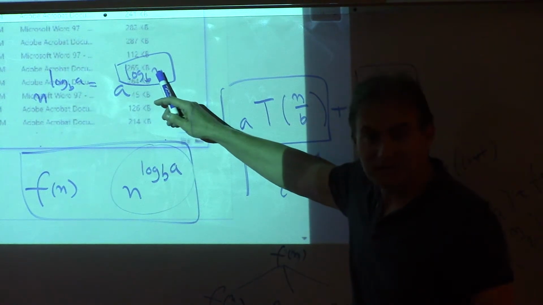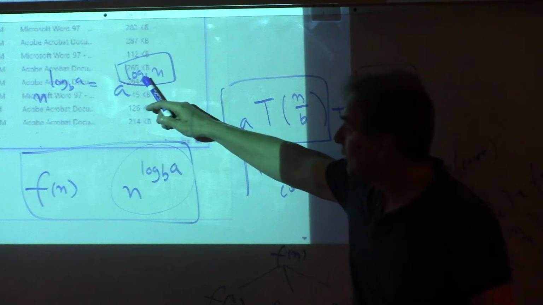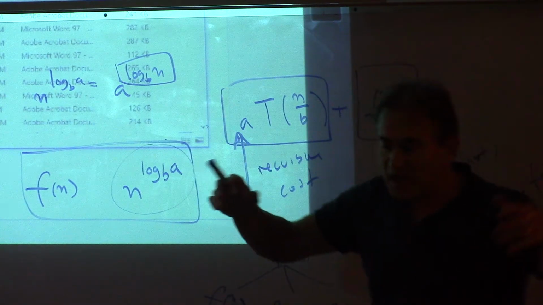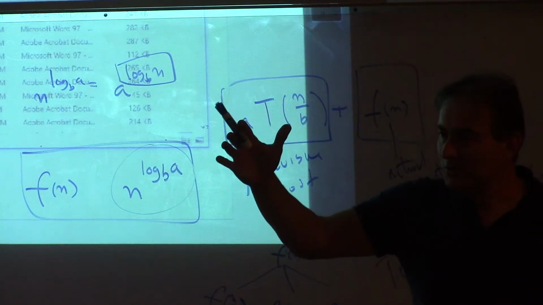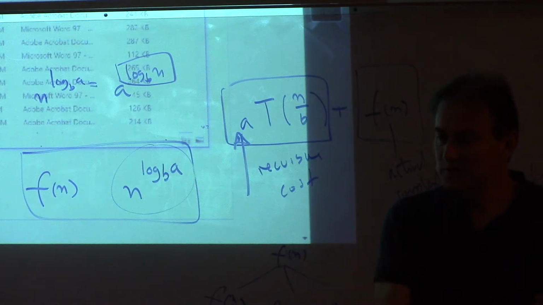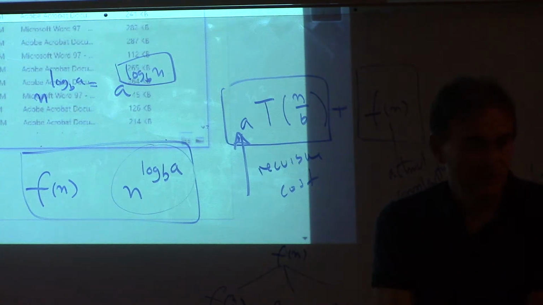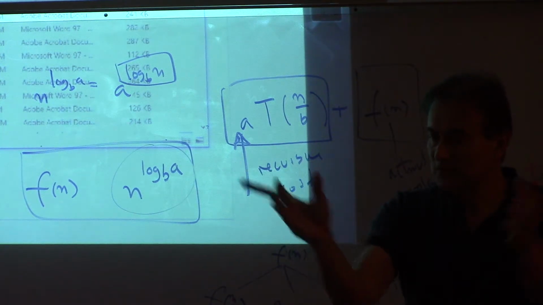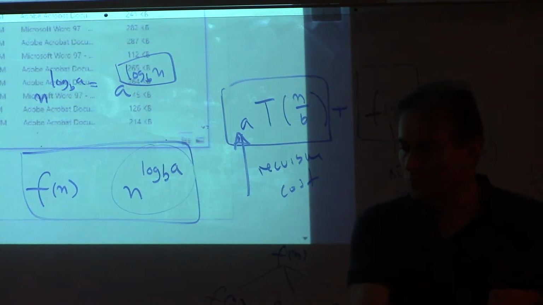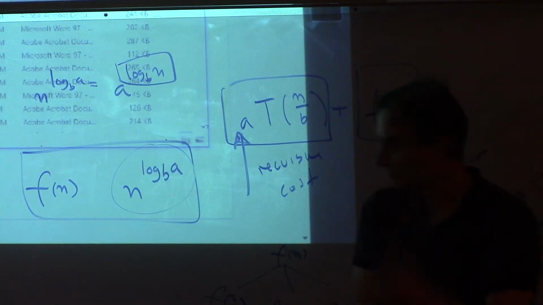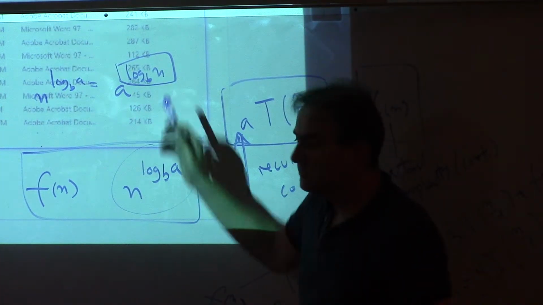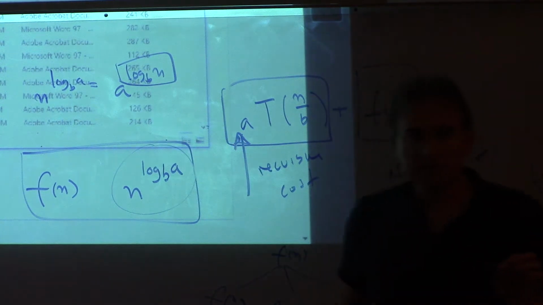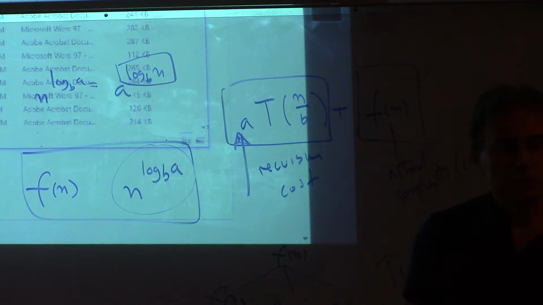Log 2 of n is how many times you can cut n in half. Log 3 of n is how many times you can cut n in 3 parts. So if n is 27, you cut it in thirds, you get 9s, you get 3s, you get 1s. That's log 3. Log 2, you have 32, you have 16, 8, 4, 2, 1, eventually you get unity. So log b of n is the number of times that I can cut n into b parts in order to achieve unity.